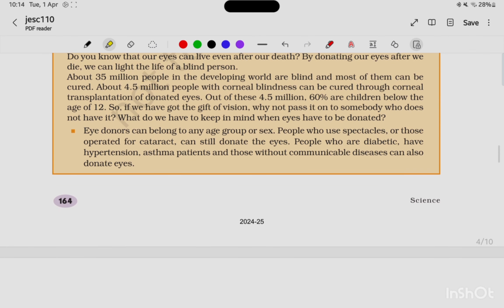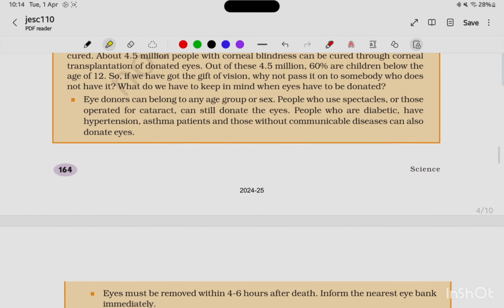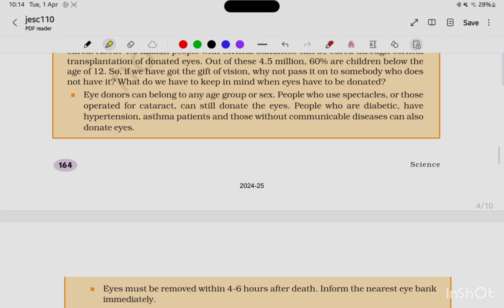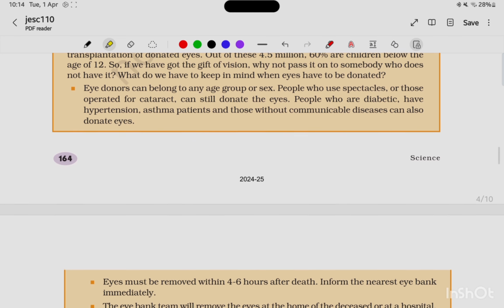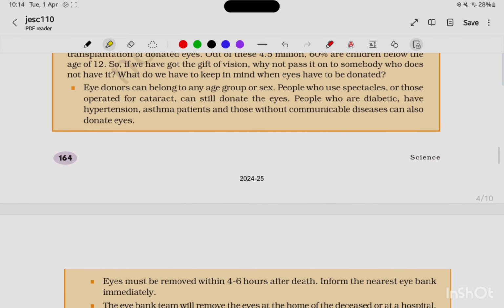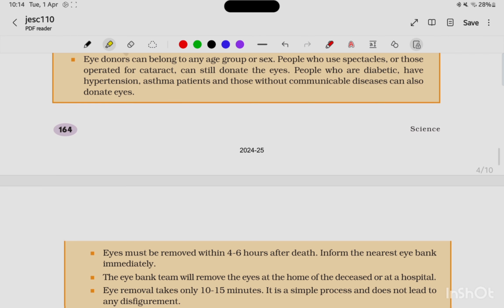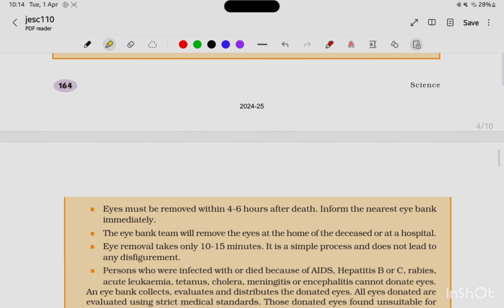Out of this 4.5 million people, 60% are children below the age of 12. It can be given by people who belong to any age group or sex. There is no issue. People who have spectacles or any diseases that are not communicable. Okay.